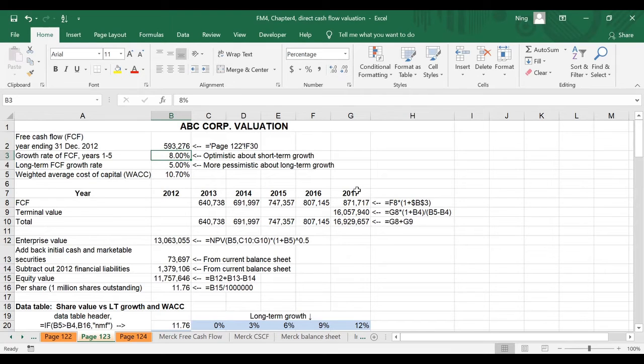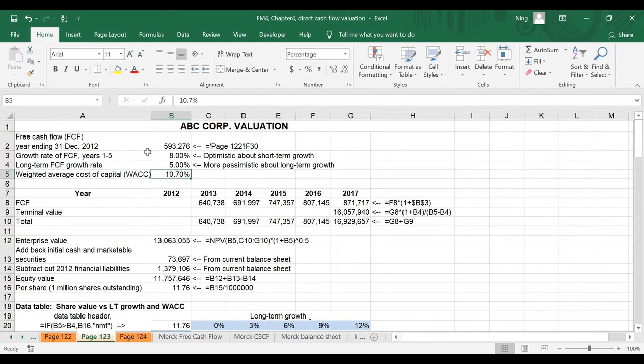We assume that the free cash flows beyond the termination point will grow steadily at a smaller rate of 5%, as captured in this long-term free cash flow growth rate. In the end, we assume that WACC, which is the discount rate for all future free cash flows, is known, equal to 10.7%. All these assumptions are given to you right now, but in the later part of the course, you will learn how to make these assumptions yourself.